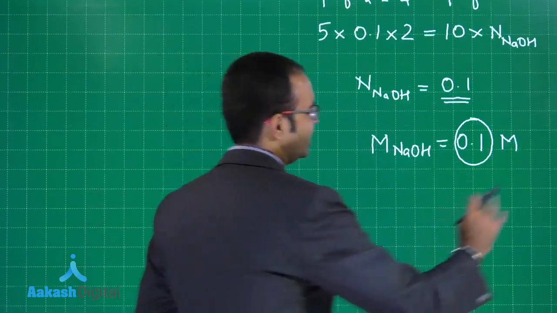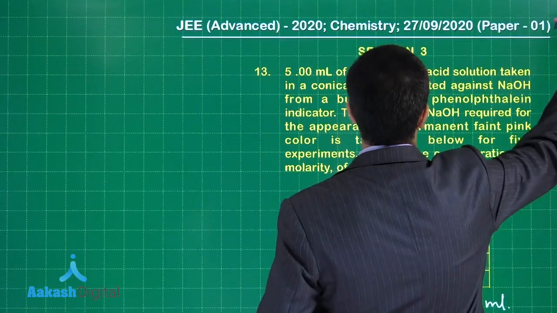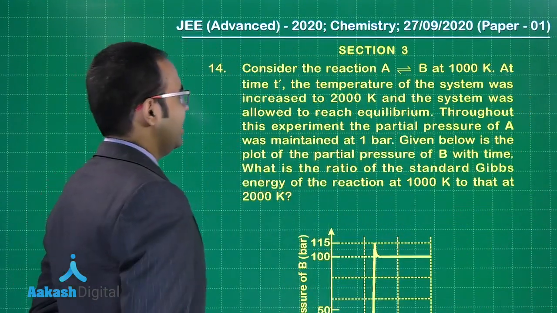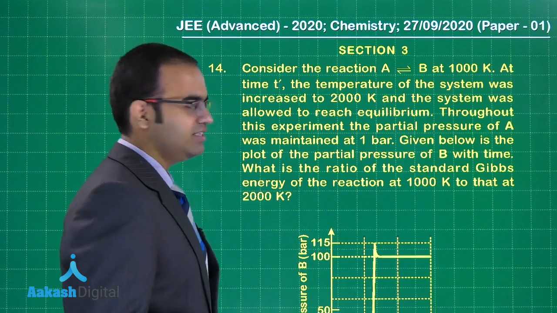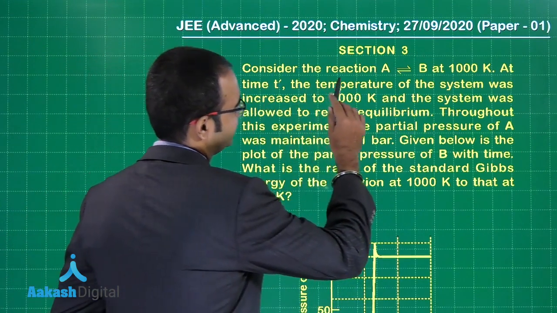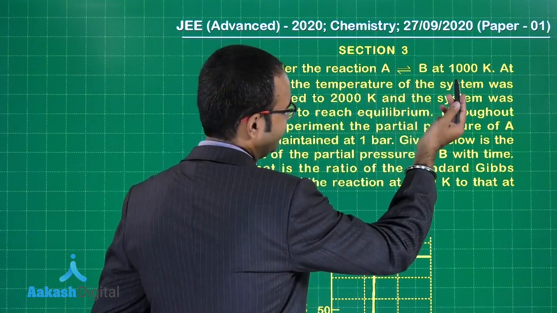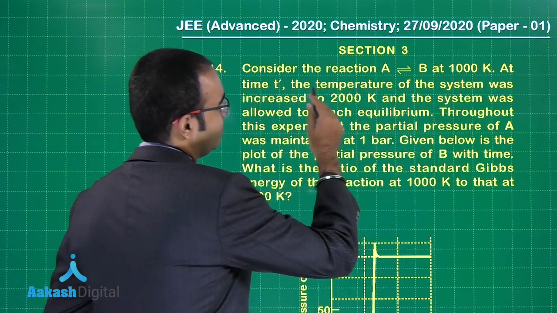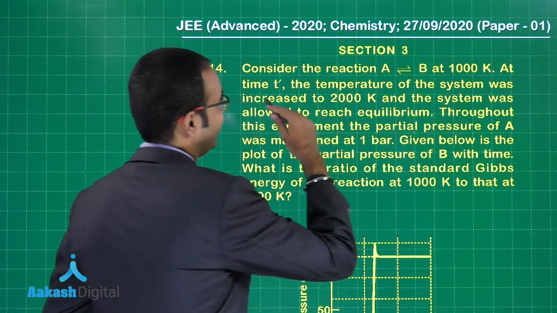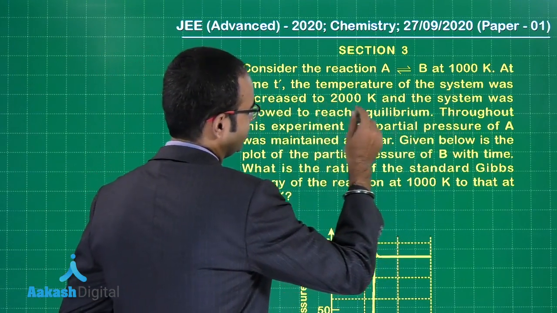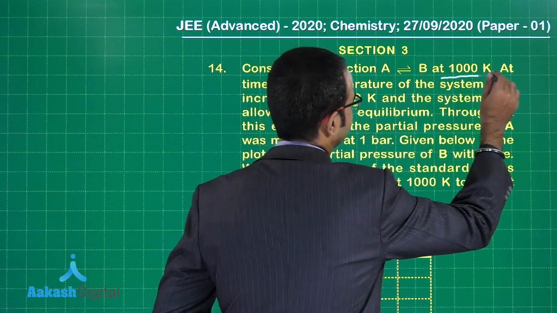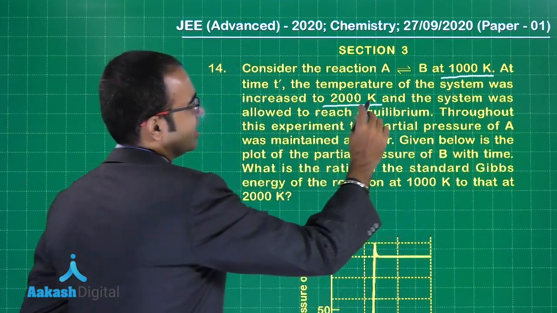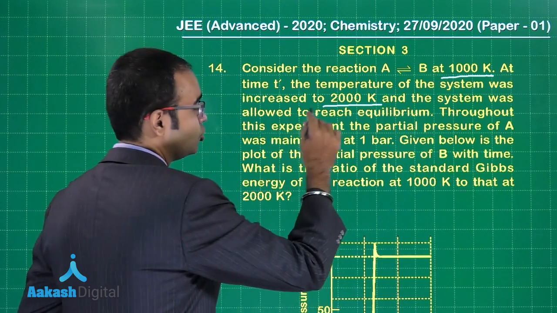Let us move on to the next question, question number 14. Looks lengthy. Let's try it out. Consider the reaction A reversibly giving B at 1000 Kelvin. At time t, the temperature of the system was increased to 2000. So the initial temperature is 1000 and then it is increased to 2000 and the system was allowed to reach equilibrium.